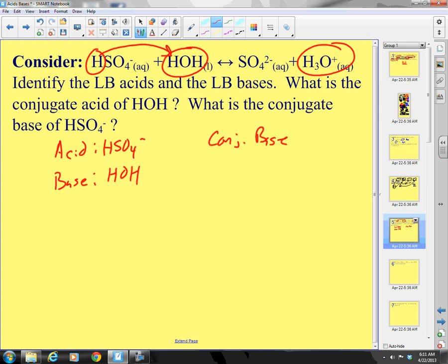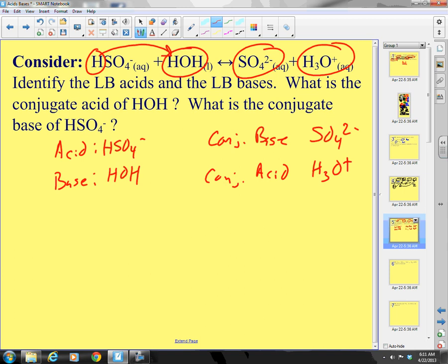Well, let's look at what happens after the hydrogen has been donated. What am I left with? SO4 2 minus. And after my water has accepted a proton, what results from that? Hydronium. So there we go. My acid is hydrogen sulfate. My base is water. My conjugate base is sulfate. My conjugate acid is hydronium.